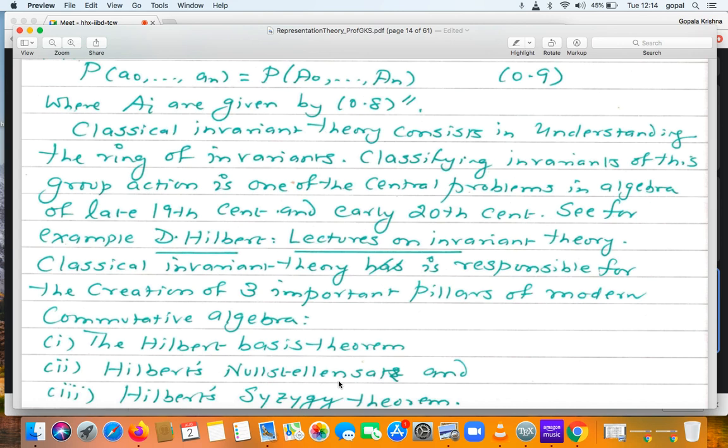Then that polynomial can be expressed in terms of these basic building blocks: the trace, the determinant, and the sum of the k by k principal minors. So any polynomial invariant of the conjugacy is a polynomial expression in the basic invariants that we wrote down.